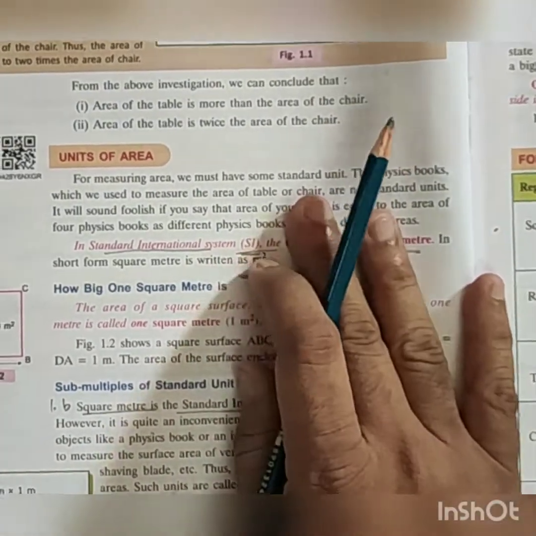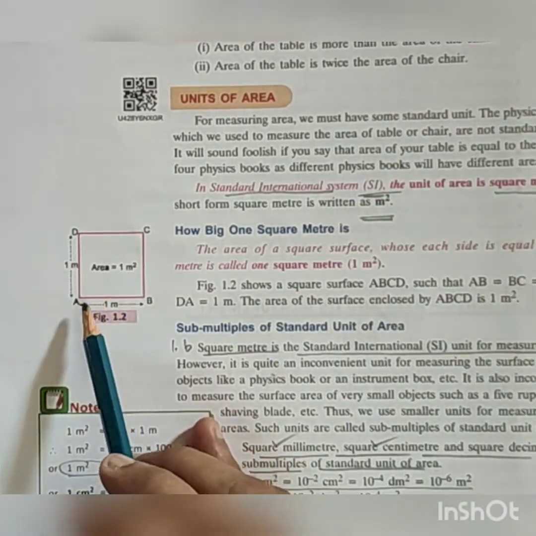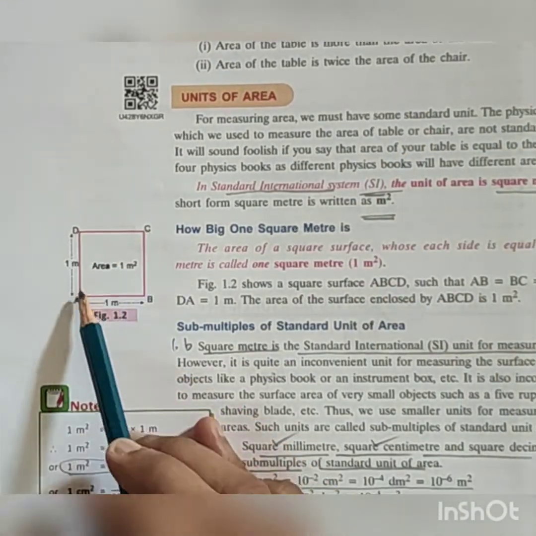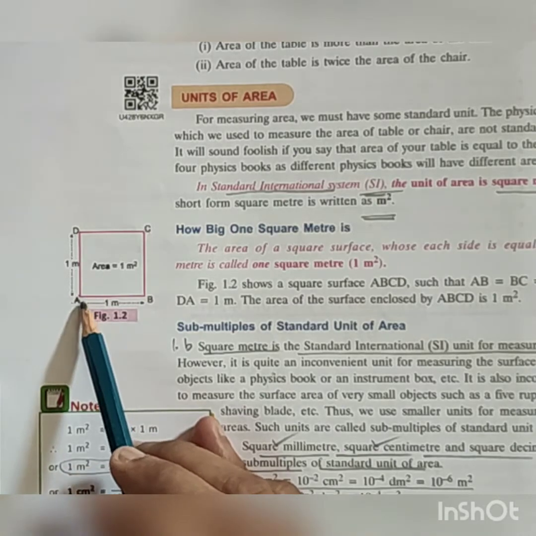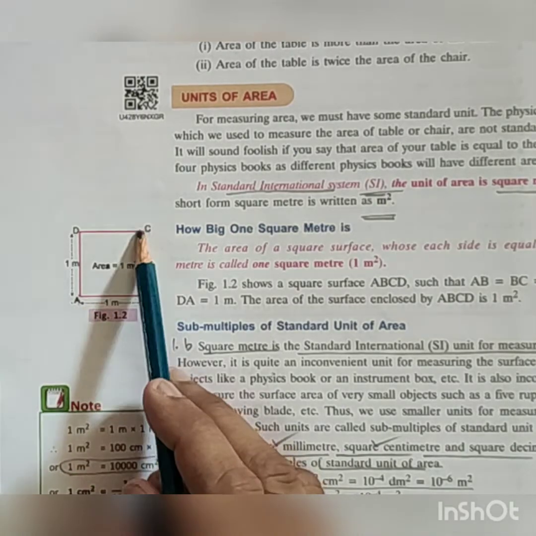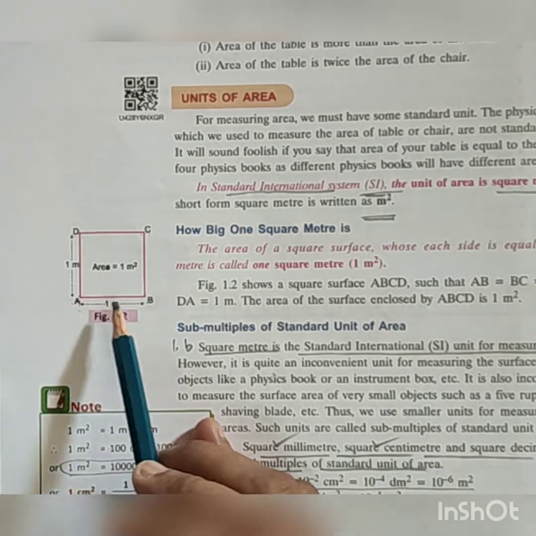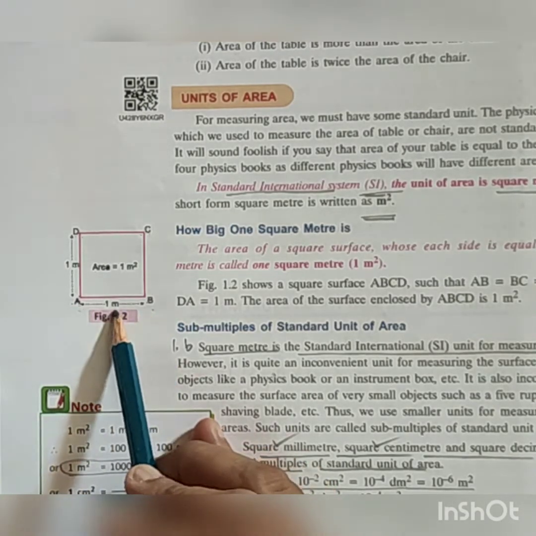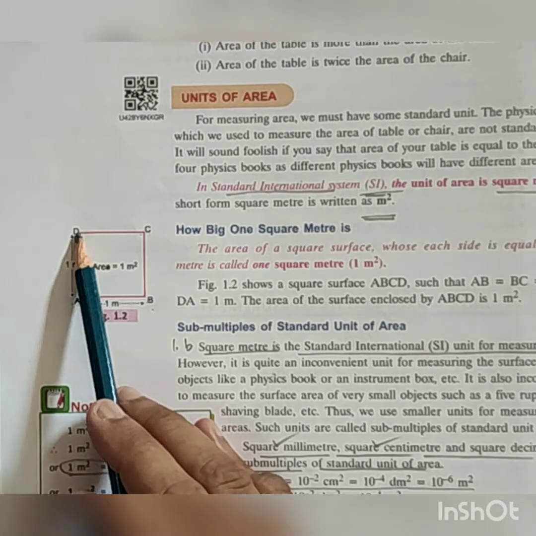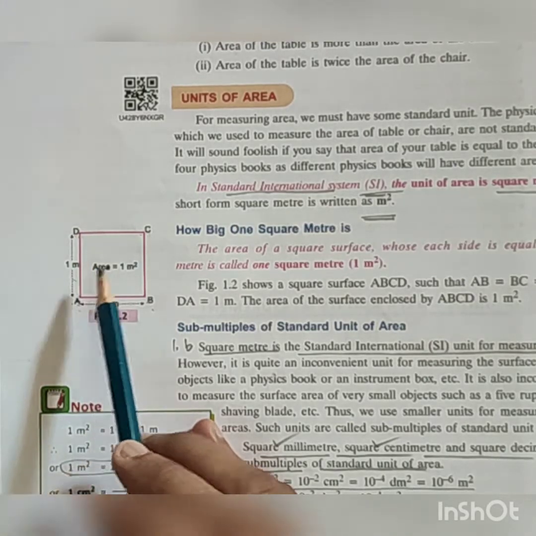For example, if you consider this particular figure named A, B, C, D, if you take the length of AB equal to 1 meter and the length of AD equal to 1 meter, so what will be the area?